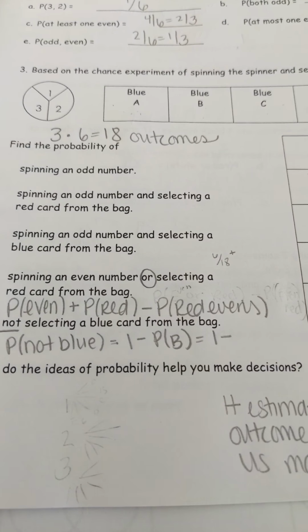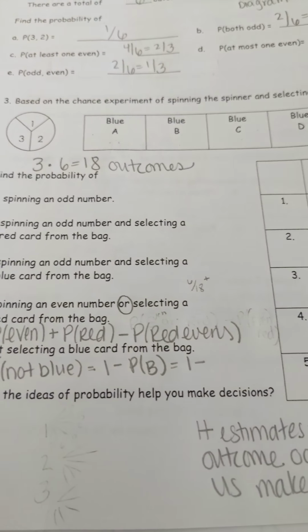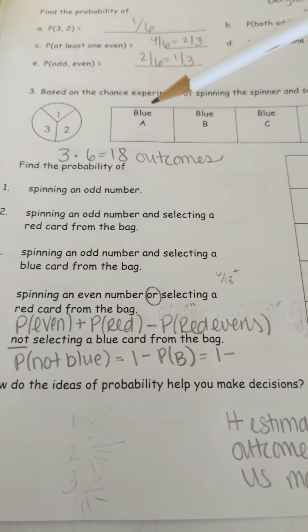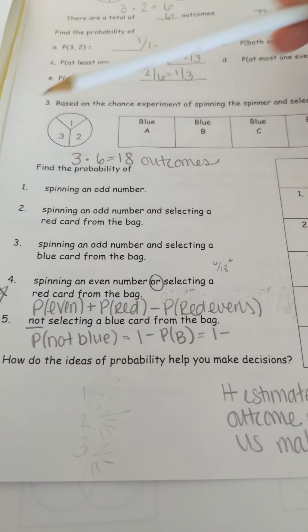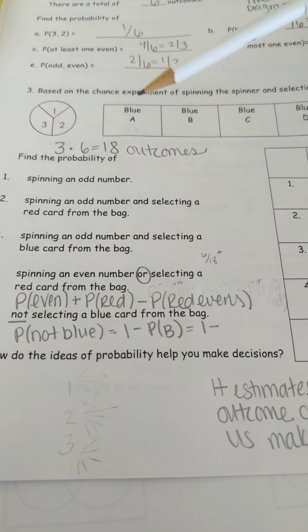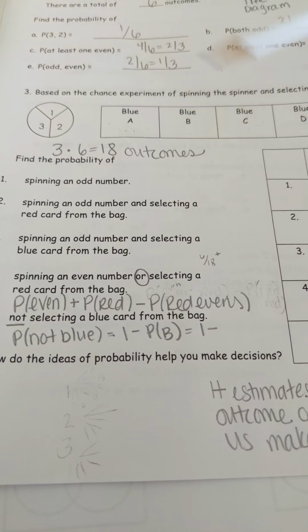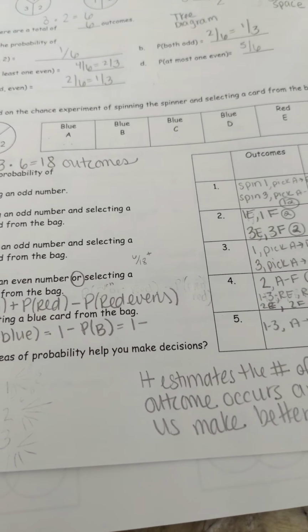So what's the probability of spinning an odd number? Well, we could spin a 1 and then pick A, B, C, D, E, F, which means there's 6 possible outcomes there. Or we could spin a 3 and then pick 3A or 3B or 3C or 3D, so there's another 6 possible outcomes there.